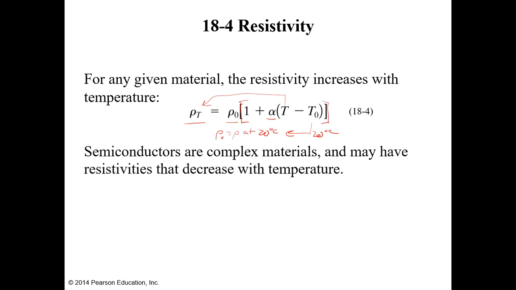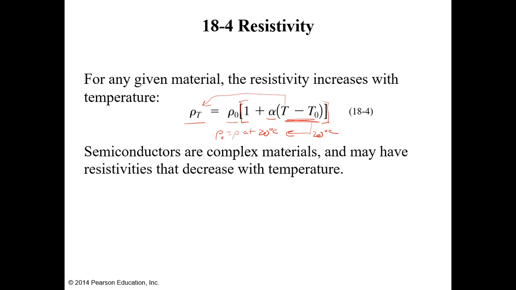So if you get the resistivity from that table, T naught is going to be 20 degrees Celsius. Doesn't matter if it's in Celsius or Kelvin, because if you convert it to Kelvin, you're going to have the same change in temperature, because that's really what we're dealing with here, is a change in temperature.